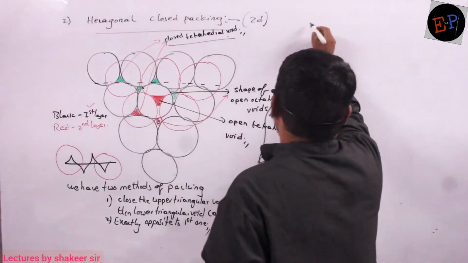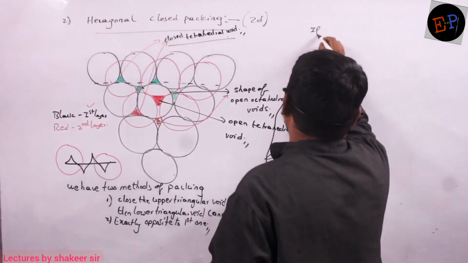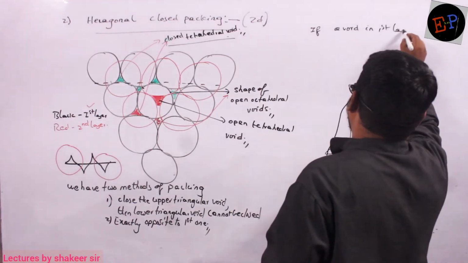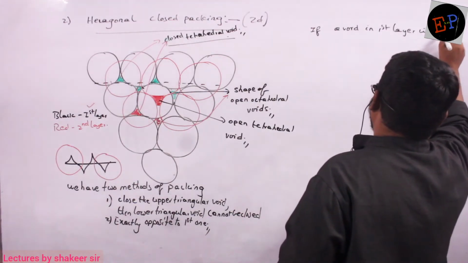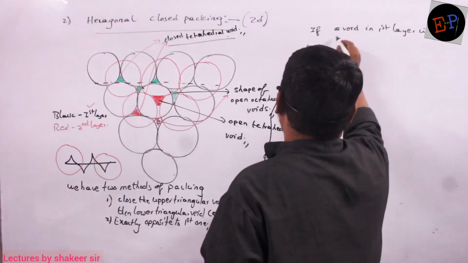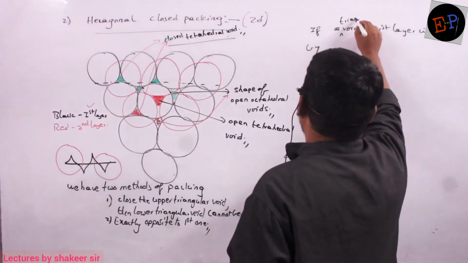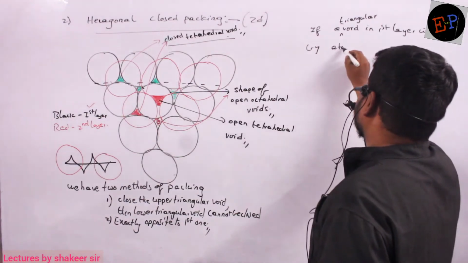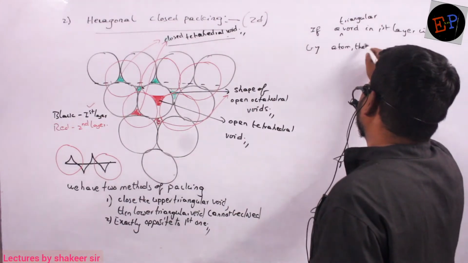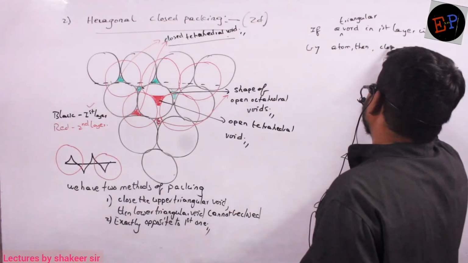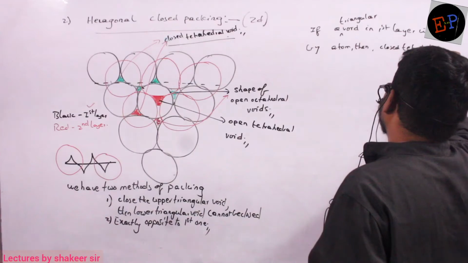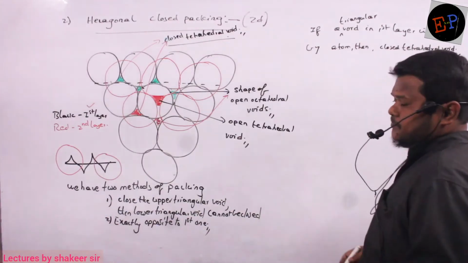Clear? So if a triangular void in the first layer is covered by an atom, then which kind of void will be created? Then a closed tetrahedral void will be formed. Are you able to understand?